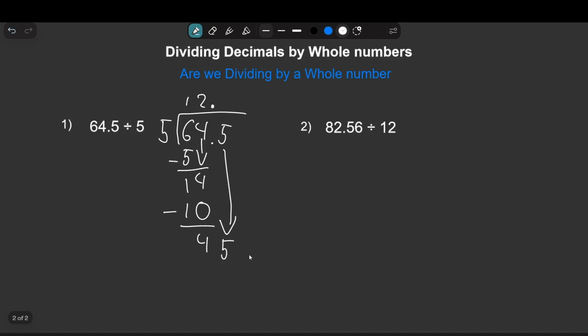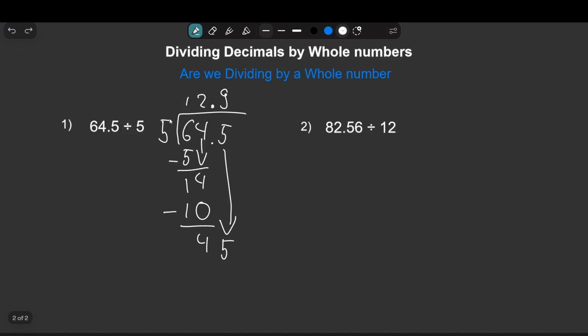Now we repeat the process one last time, and we will have our final answer. So now 45 divided by 5, or how many times does 5 fit into 45? Well, that's 9 times, because 9 times 5 equals 45. So we write the 9 up here, and we multiply it by the 5.